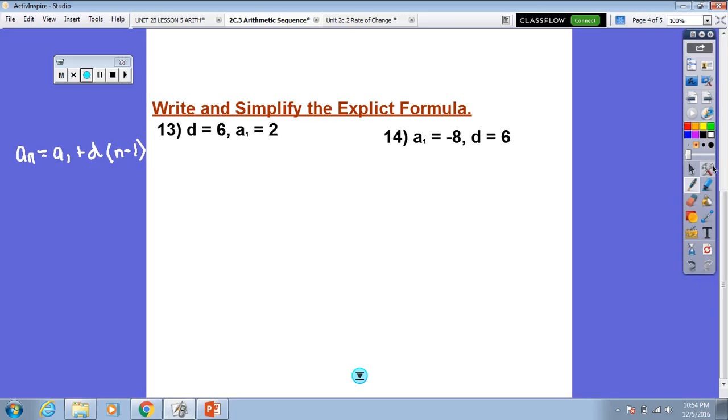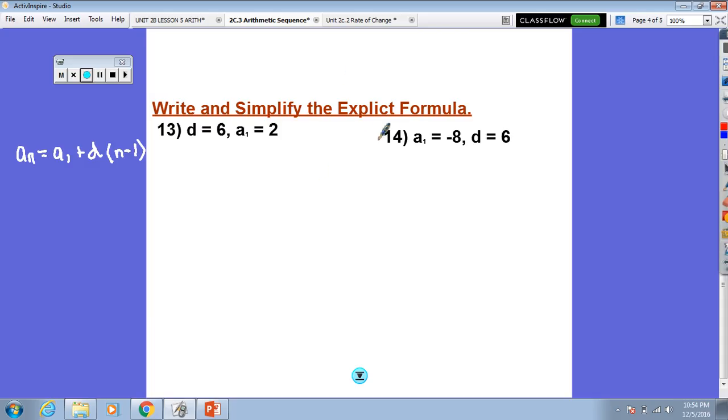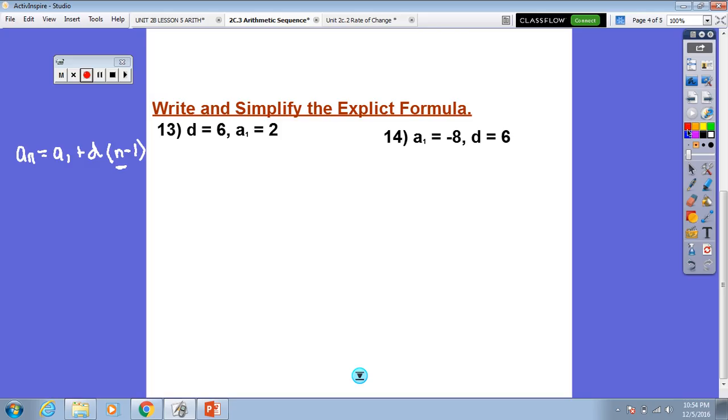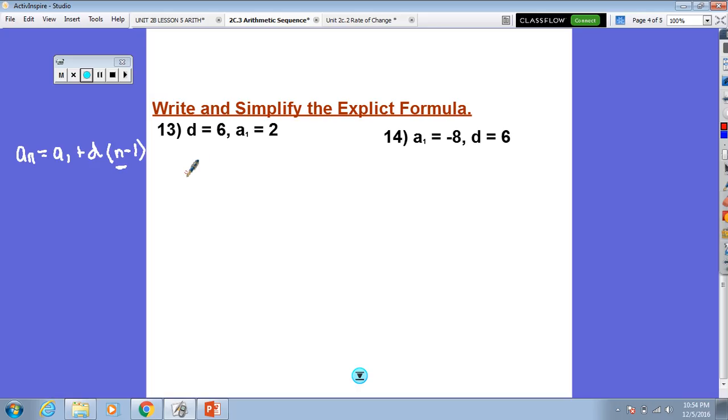Now notice in each one of these problems, they have not given us an n. That means the variable n is going to stay in. So all we're going to do is plug in our a1 and our d, and then we're going to simplify it by using the distributive property and combining like terms. So let's look at our first example, number 13.